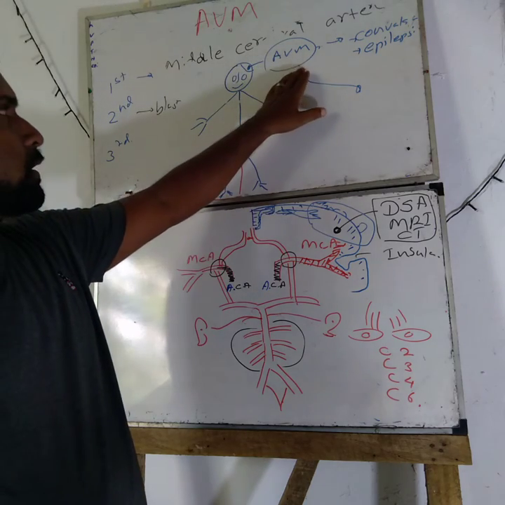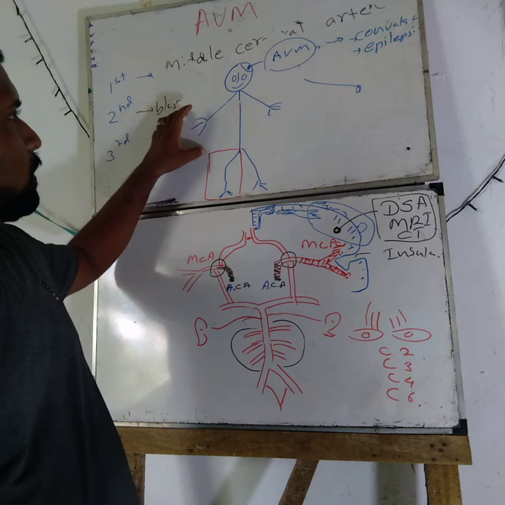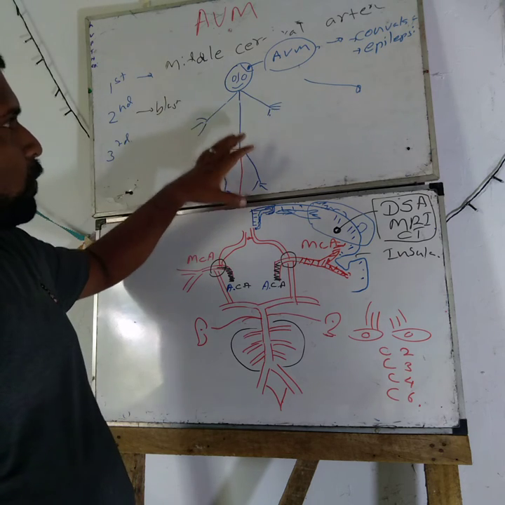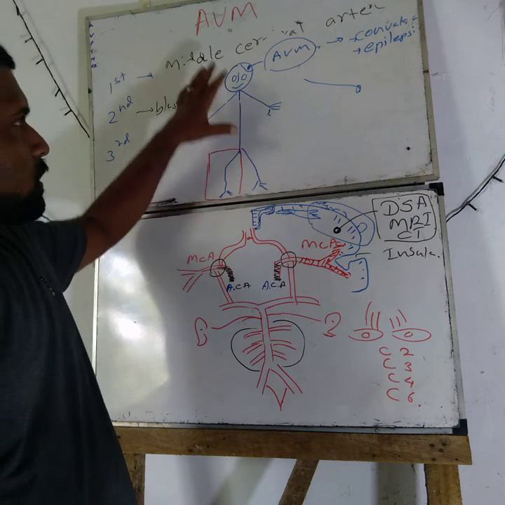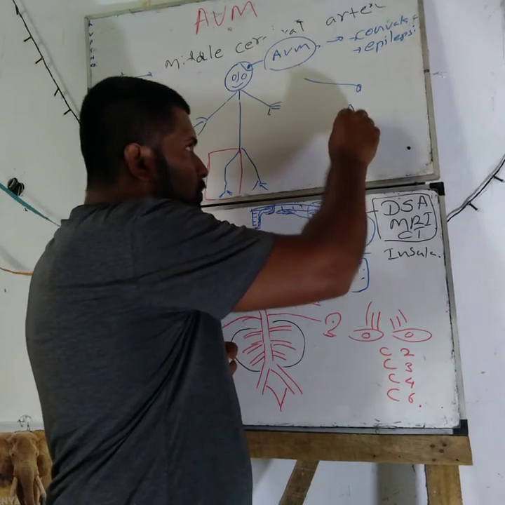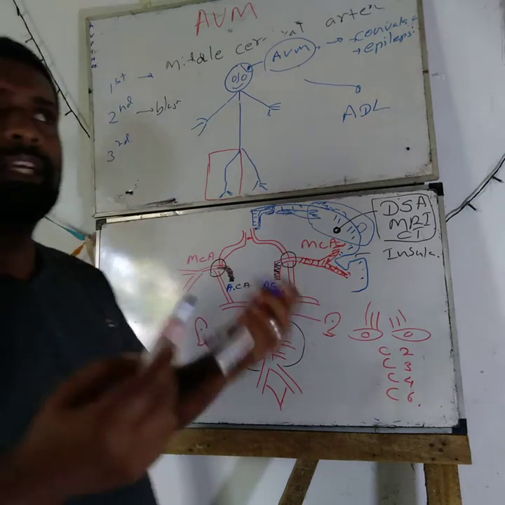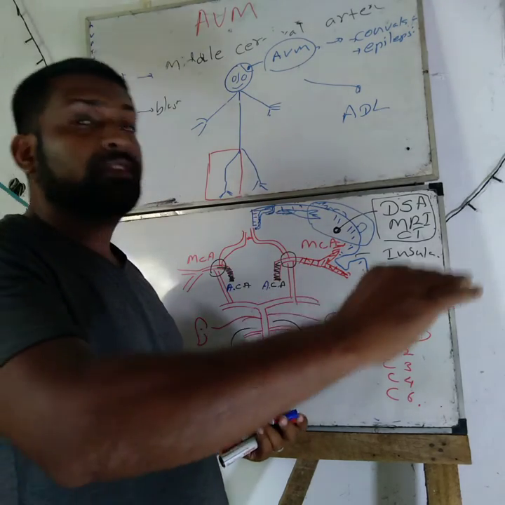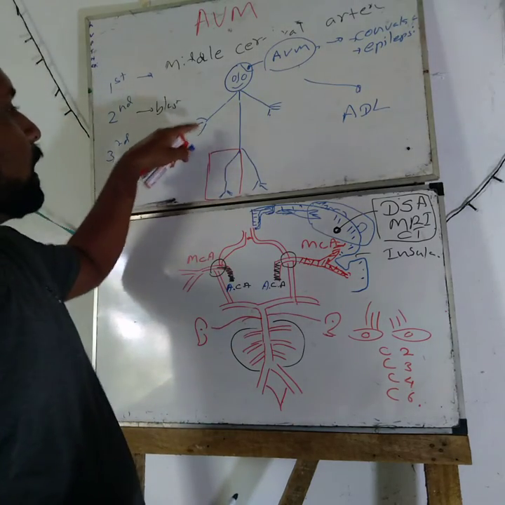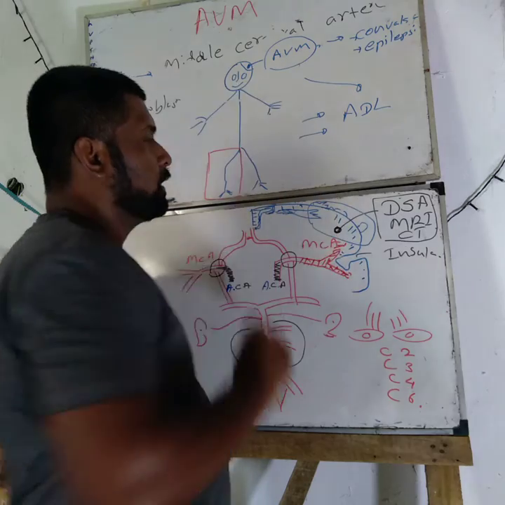Discuss some brief idea about this AVM. Then how we can improve ADL. That is the most important. ADL is also most important to improve. We can give adaptation and modification. It is also the treatment method to correct the hand, leg and other areas.